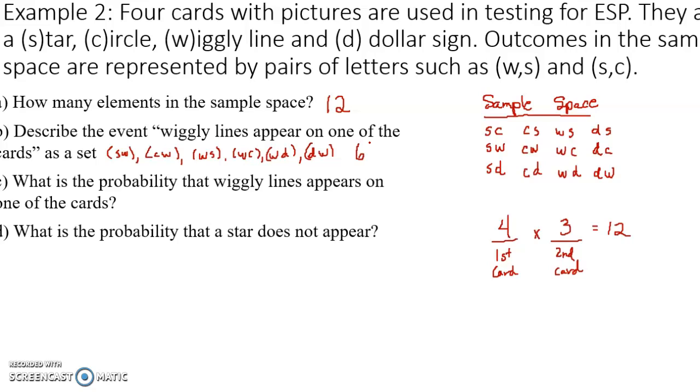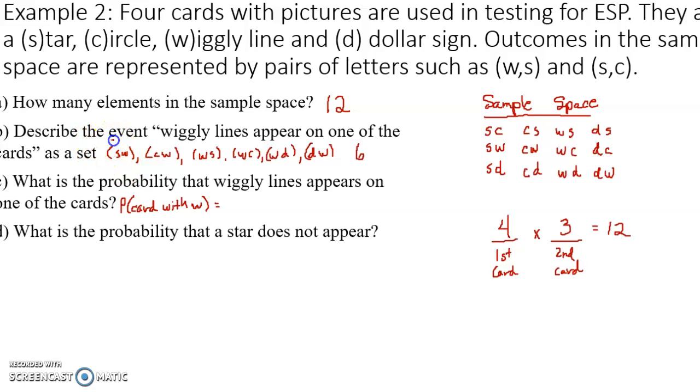So now we want to calculate the probability that the wiggly line appears on one of the cards. So remember, we're looking for the number of successes over the total number. So we're going to do the probability it's a card with a W. And that's going to be how many ways do we have a card with a W?